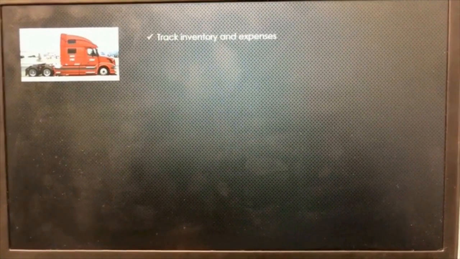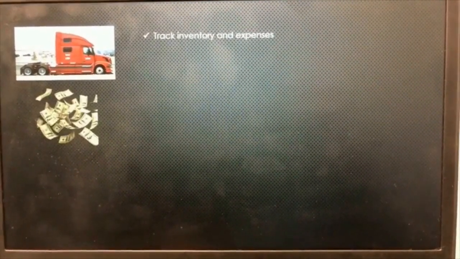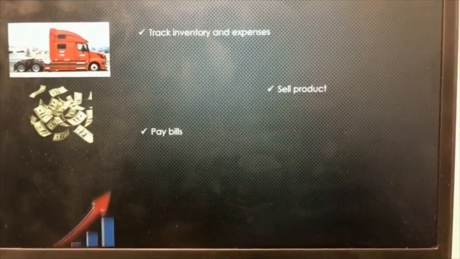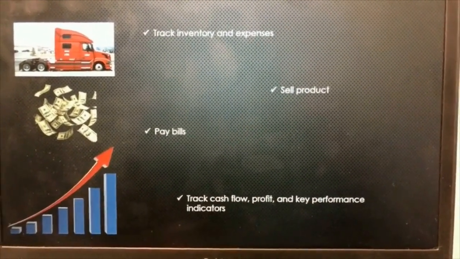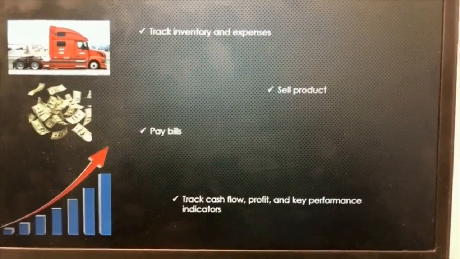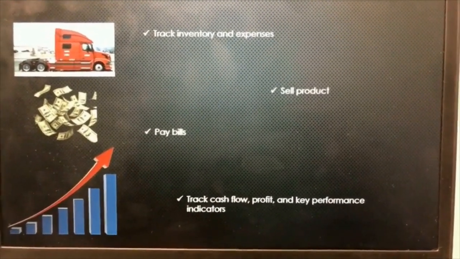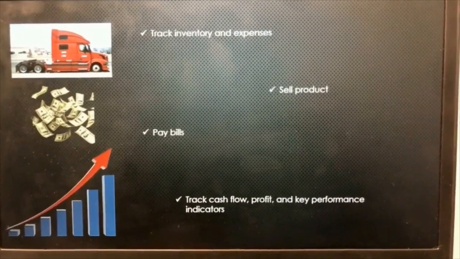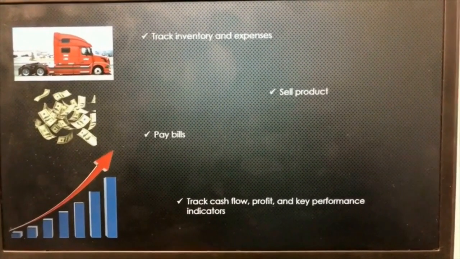We track inventory and expenses. We sell a product. We pay our bills. And then we track cash flow on a daily basis, profit and key performance indicators on a monthly basis, so that we know if our company is making money or losing money.